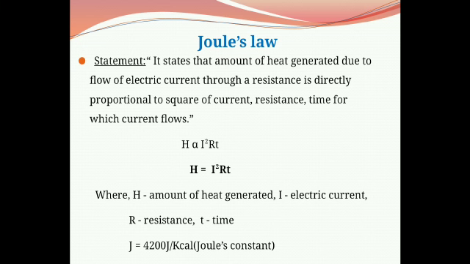Therefore, from this statement we write H is directly proportional to I square RT, or we may write the constant as 1. Therefore H equals I square RT, where H is the amount of heat generated, I is electric current, R is resistance and T is time. Joule's constant is given by the value J equals 4200 joule per kilocalorie.